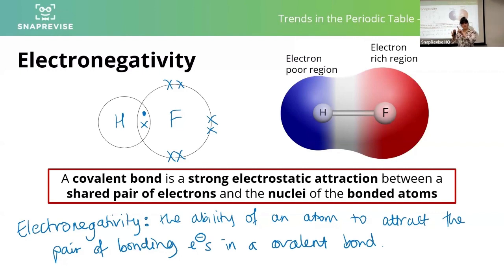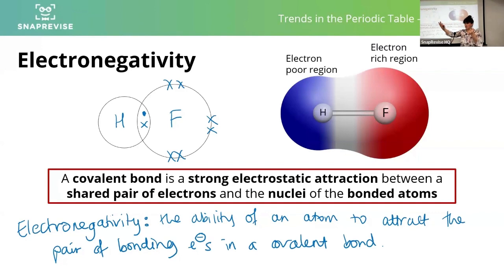So when it's got 9 protons and 9 electrons, it's neutral overall. So when we combine in a covalent bond a hydrogen and a fluorine, our structure is neutral. There are the same number of protons as electrons. But if the shared pair of electrons between hydrogen and fluorine actually spend more time around the fluorine because they're more attracted to the fluorine, the hydrogen is left with just its single proton.